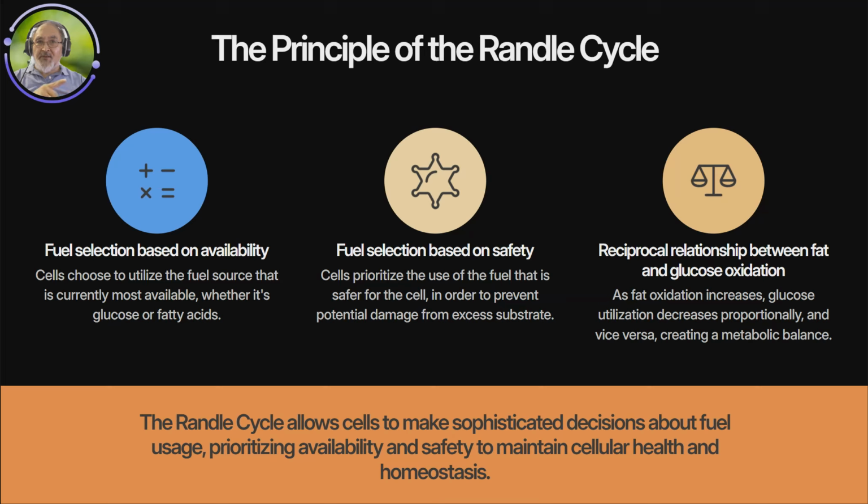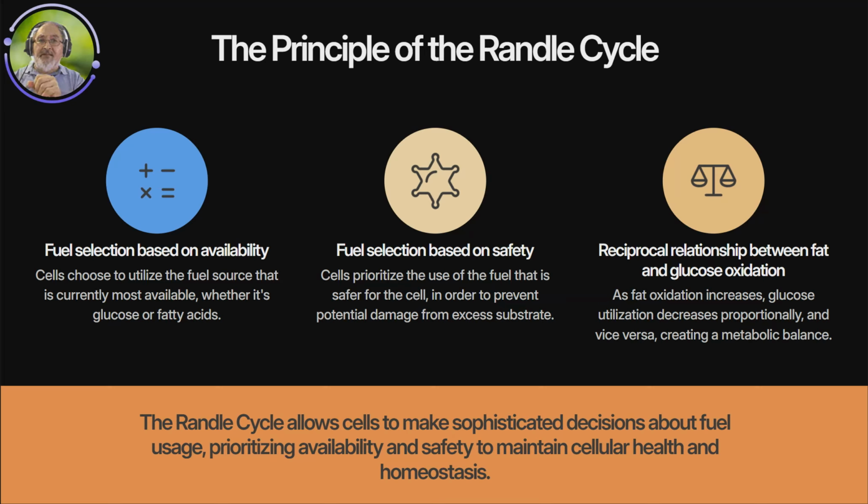Here's the core principle. When cells burn fat, they simultaneously inhibit glucose utilization. When they burn glucose, they inhibit fat utilization. Those are the only two things your cells really burn for energy: glucose or fat. This reciprocal relationship creates a metabolic balance that prevents cellular damage.